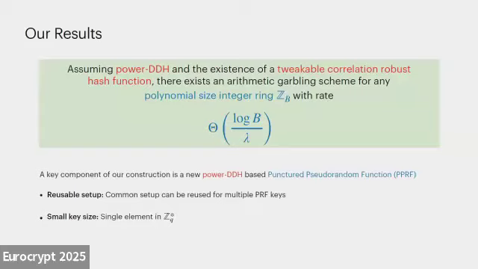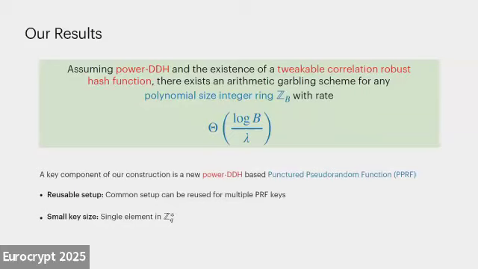And a key component of our construction that leads to our results is a new parDDH-based puncturable PRF, which has some nice properties. It breaks the key into two parts: a public reusable setup, and each PRF key itself is just a single element, a single exponent.